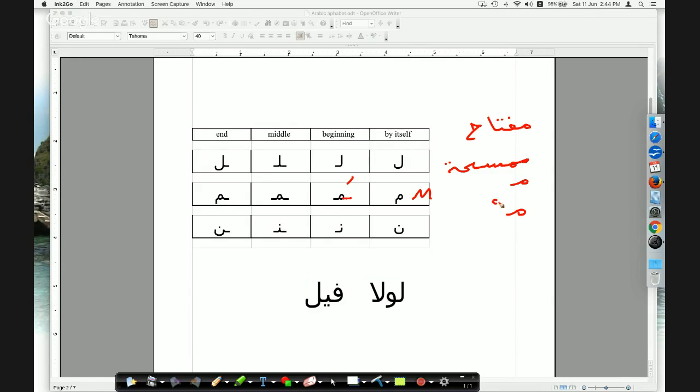Not the same as the F up. So this is how you write it. M. This is the easiest way. Now we have two M, so we repeat it the same. Mim, then sa, then ha, and then letter ta. Mimsaha.